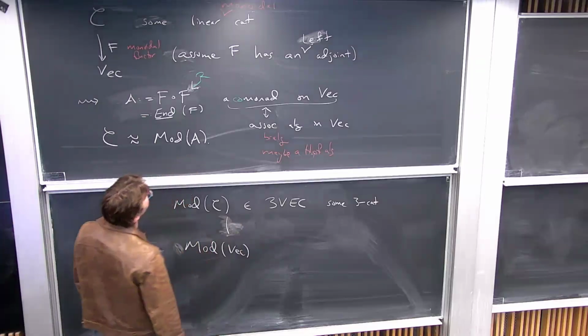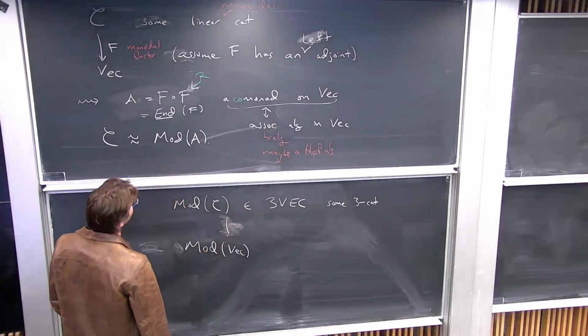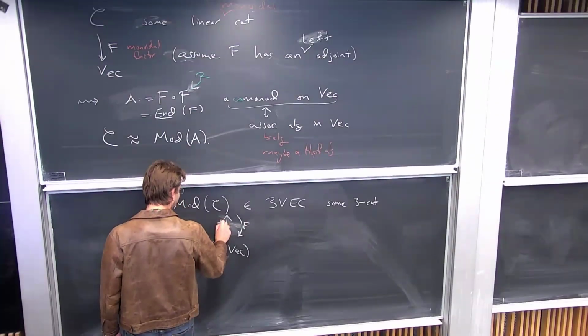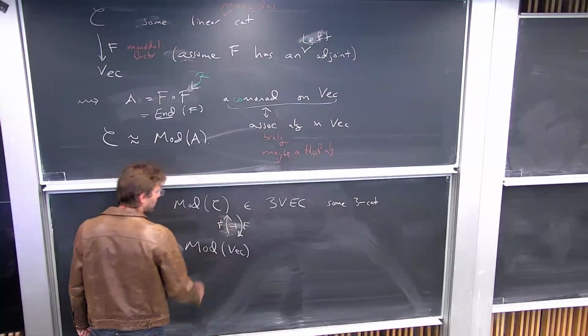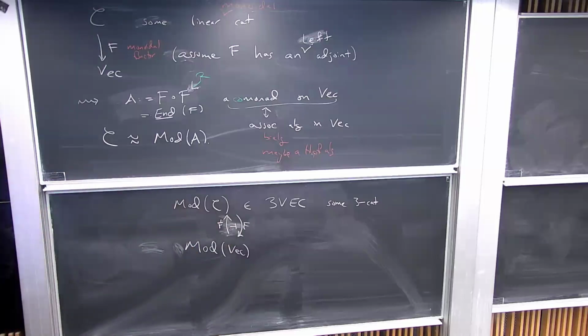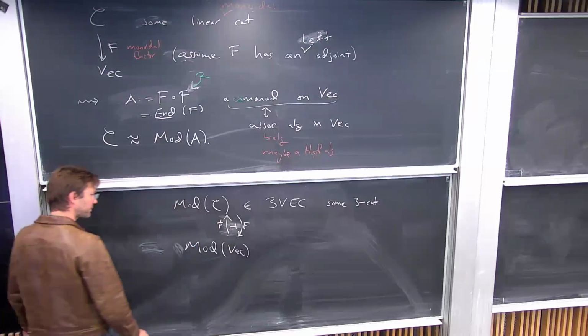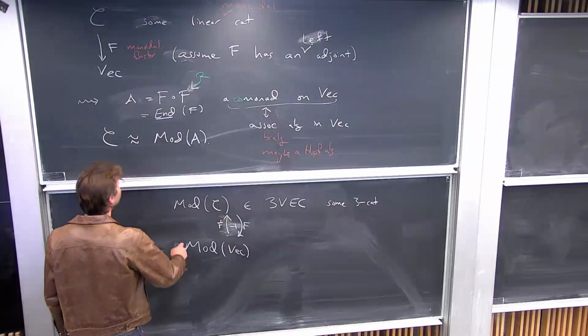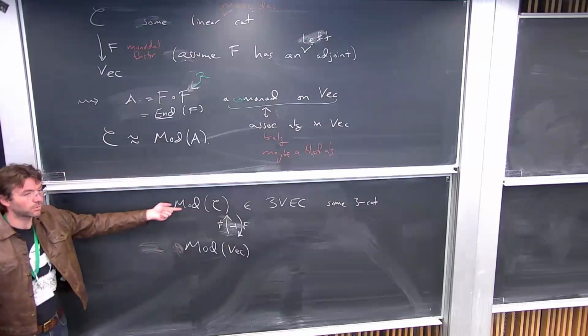Which did we decide? Did we like left or right? So I have some adjunction that comes from the fiber functor, but you get another adjunction from the fact that you wrote this as modules for a category.